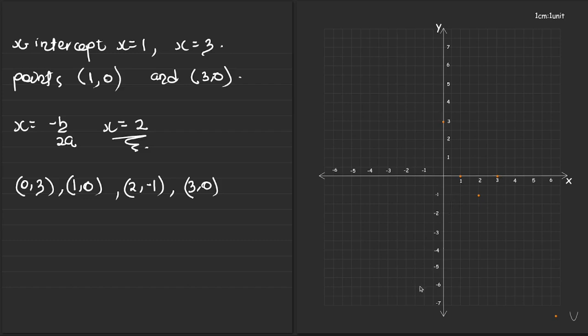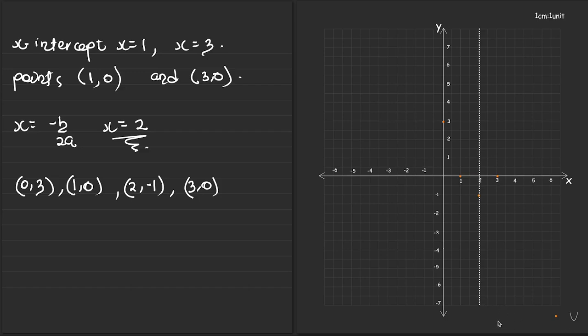But remember, we had our axis of symmetry. Our axis of symmetry was x = 2. So with that, you can draw your axis of symmetry to guide you in what you are doing. So I'm going to draw the axis of symmetry over here.